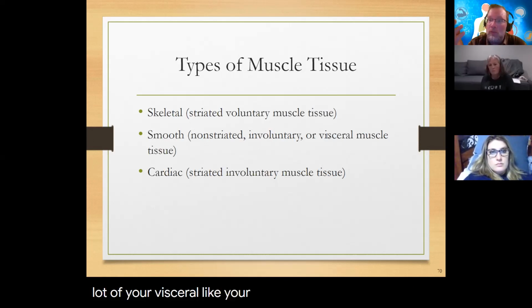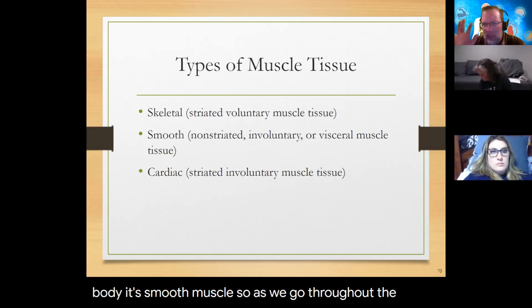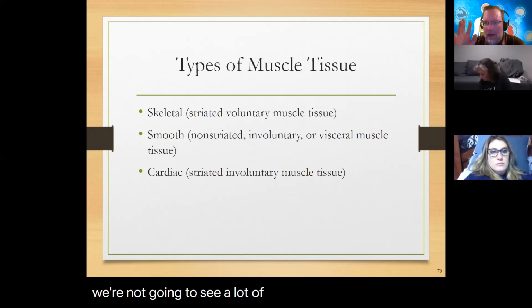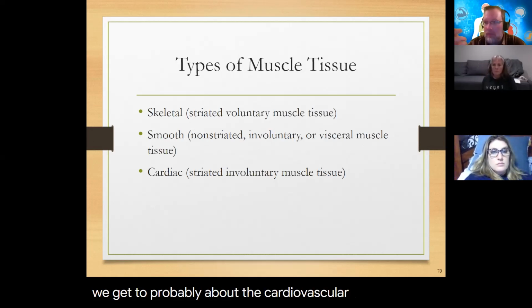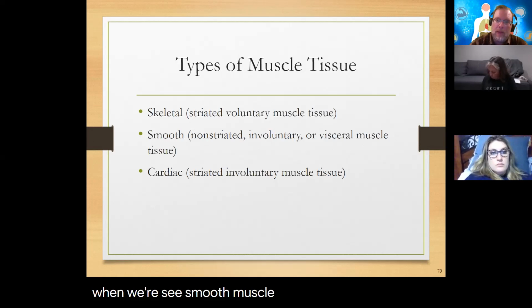If it's a tube in the body, it's smooth muscle. As we go throughout the semester, we're not going to see a lot of smooth muscle specifics until we get to probably about the cardiovascular system. That's when we'll see smooth muscle, and then we'll see it the rest of the semester. So if it's a tube, it's got smooth muscle.